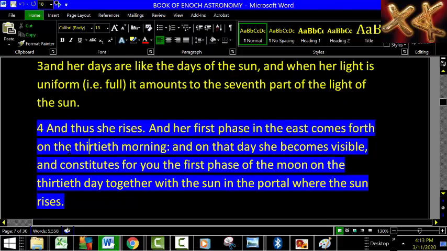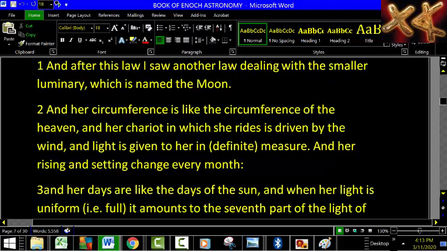All right, so now we're up here in chapter 73, and we're going to talk about when the month starts. We already know when the year starts from the information we found in chapter 72. Now up here in chapter 73, we're going to find how we determine when the month starts. Coming back up here to verse 1, if you want, you can hit the pause button and read this information if you want to.